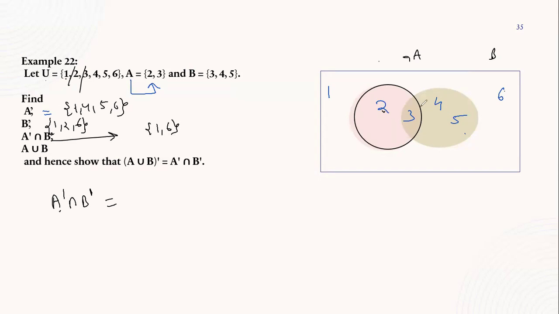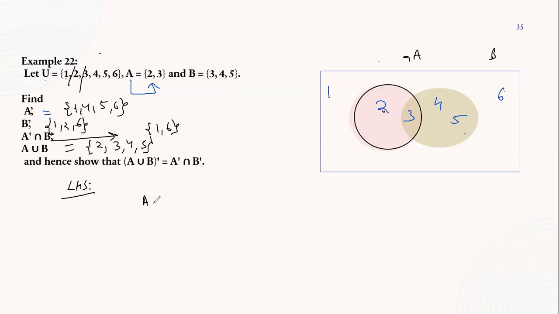What is A union B? Basically the combination of both. It will be 2, 3, 4 and 5. So, A union B complement is equal to A complement intersection B complement. In this, we will first of all take the LHS side.